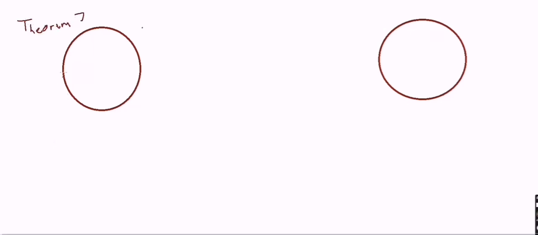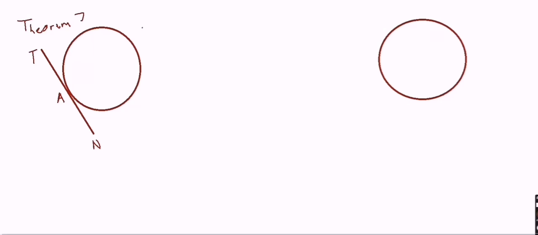I'm going to call this one of the tangent theorems. So a tangent is any line that touches a curve exactly once. We call that a tangent. So this here is an example of a tangent, and I'm going to call it TAN.